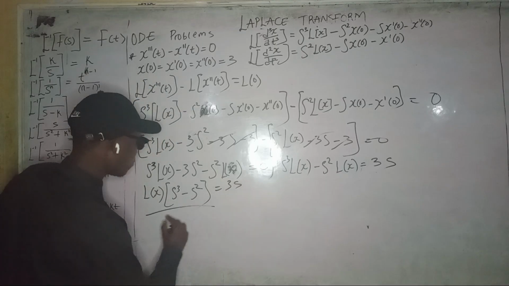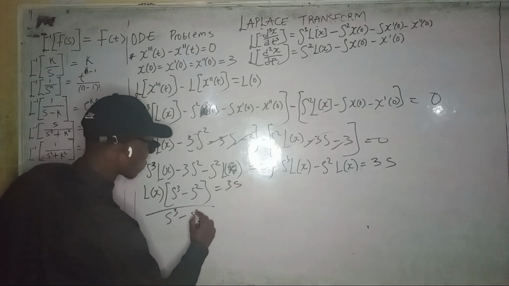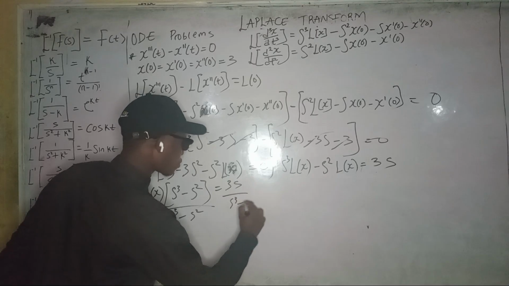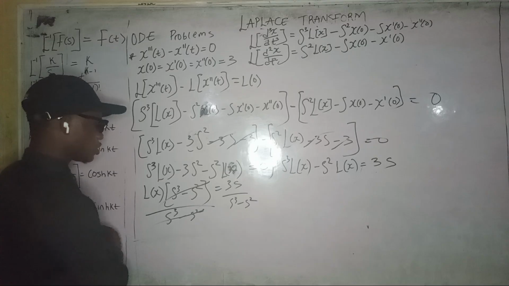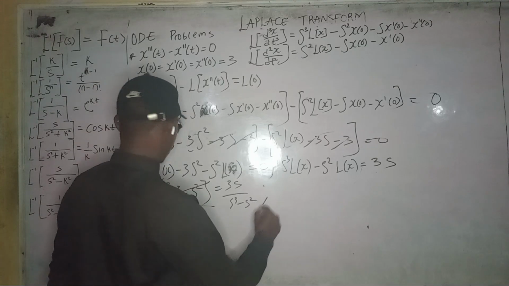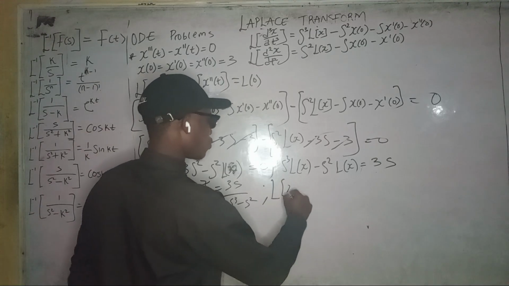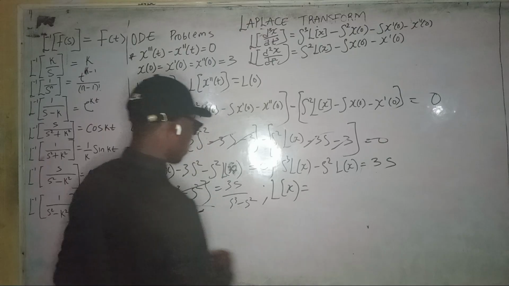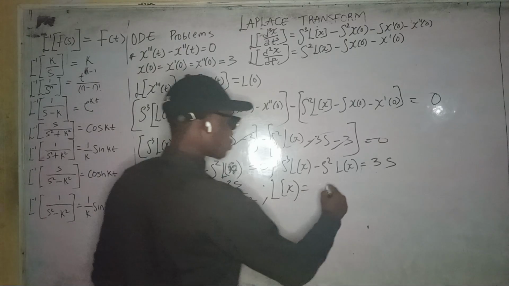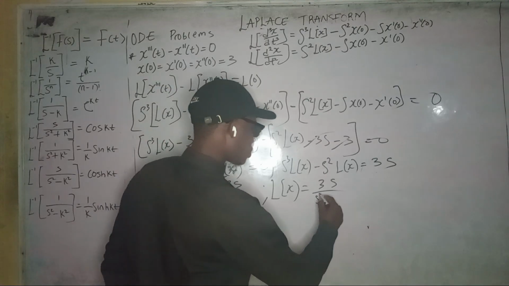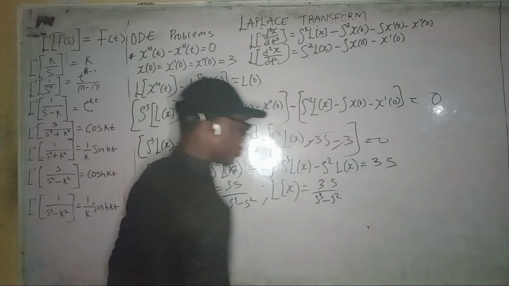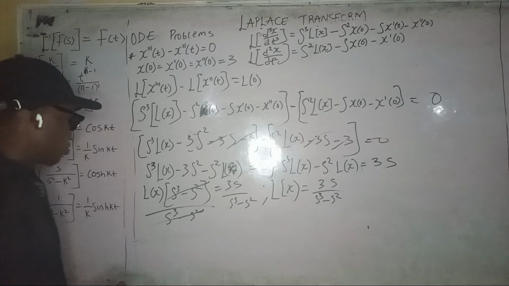So what we do is divide both sides by s cubed minus s squared. So this cancels this. Therefore, we are going to have the Laplace transform of x equals 3s over s cubed minus s squared.